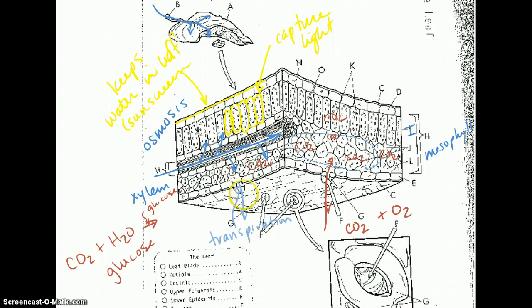Through this hole, what we call our stoma or stomata, water leaves, and through the same hole we have carbon dioxide and oxygen coming in. So it's kind of this huge shopping mall where things are leaving and coming in all through the stoma, because all the cells want to have that carbon dioxide and water. And that pretty much concludes transpiration, which is the movement of water, and also how those gases move into the leaves.